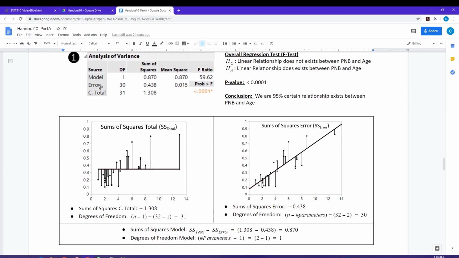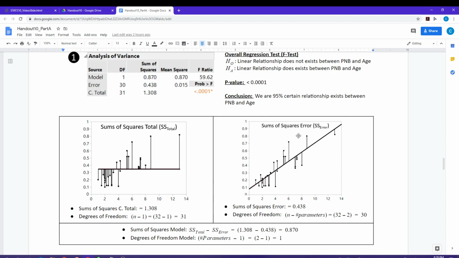Now let's talk about the error term. The error term is going to be the residuals squared, but here using the model. Okay, so the model is going to be that trend line we talked about up above. The residuals here are definitely going to be smaller, because we can see that these residuals up on the upper end now are much smaller than if I were to use the average.